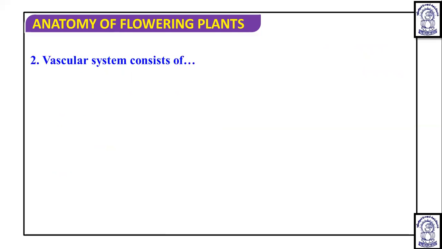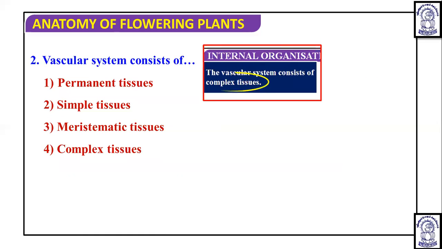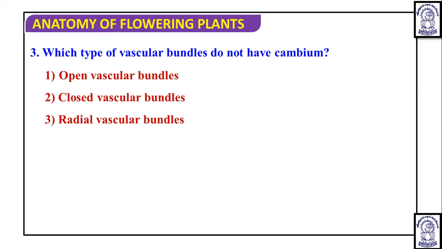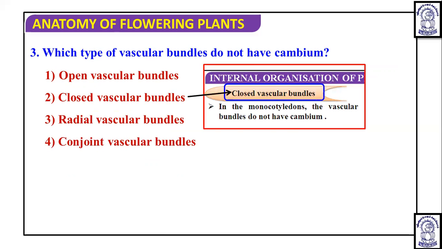Now, the vascular system consists of xylem and phloem, and xylem and phloem are complex tissue. So complex tissue is going to be the correct answer. Same way, which type of vascular bundles do not have cambium? We know that closed type of vascular bundle has an absence of cambium, so secondary growth cannot occur. So the answer is going to be the second one, that is closed vascular bundle.